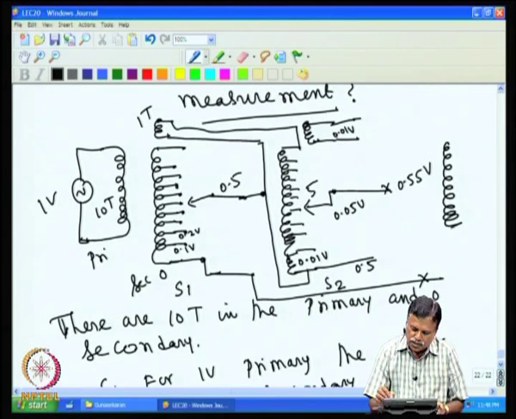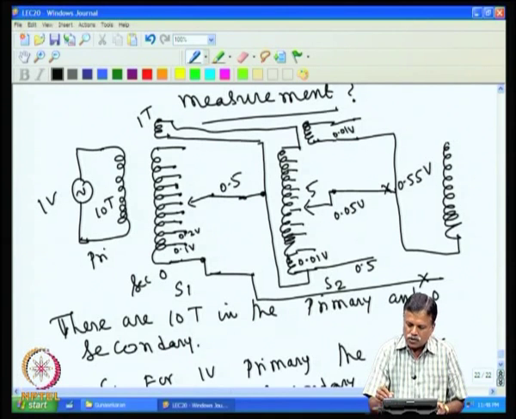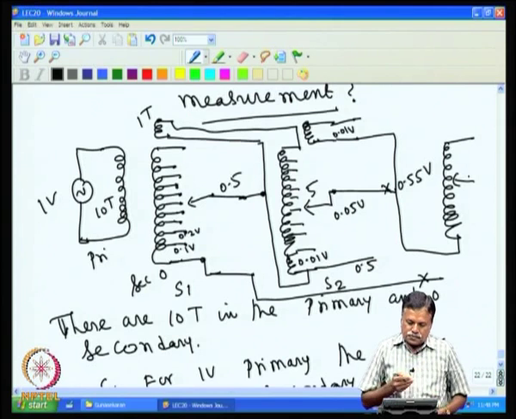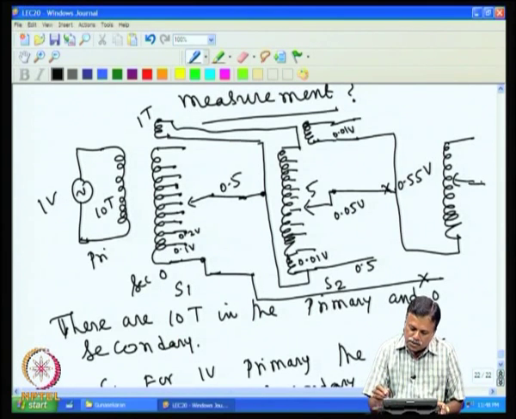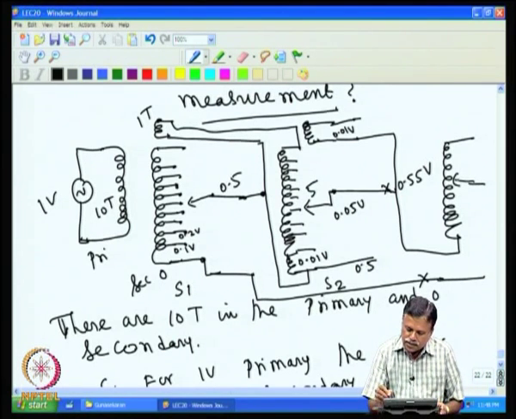Same thing, I can connect this to this, connect to this. So, you can use this one as a third winding S3.